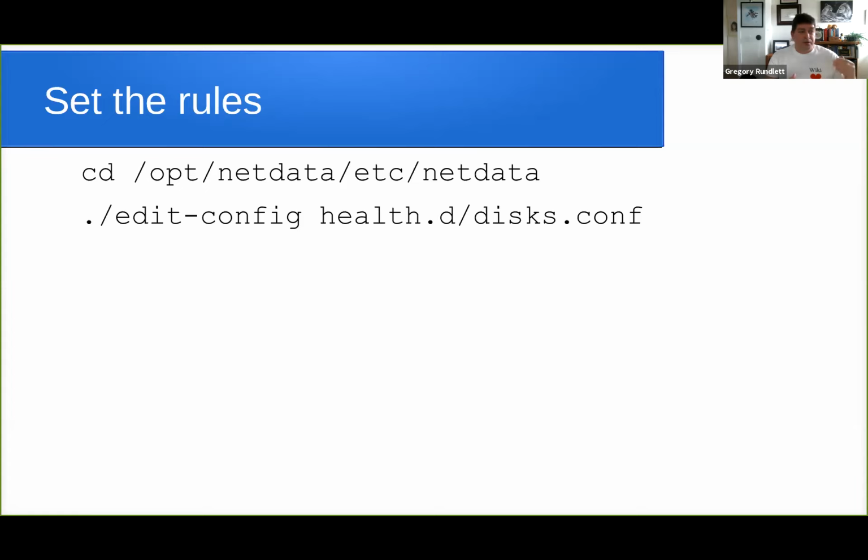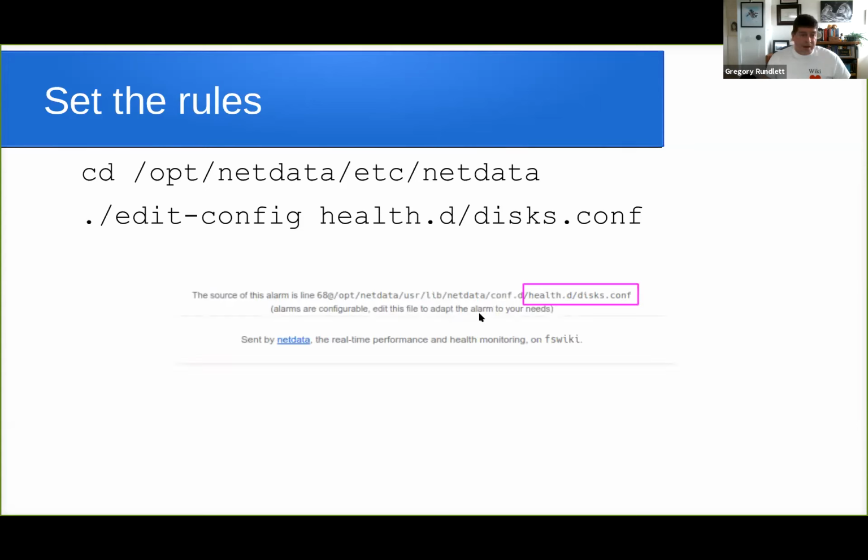And so we just use edit-config, health.d, and the name of that configuration file that you want to touch. Like I said, that comes from that lower portion of every alarm notice that you get. It tells you where that comes from.